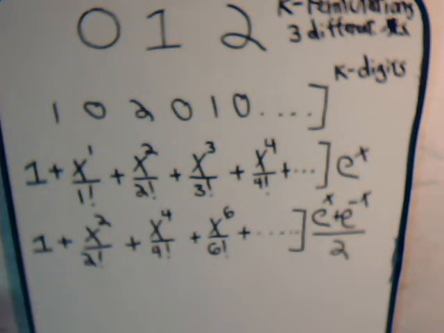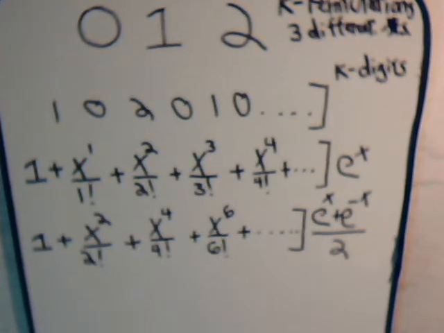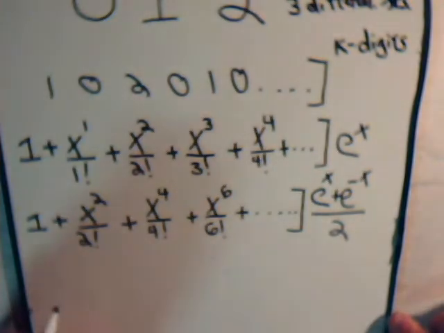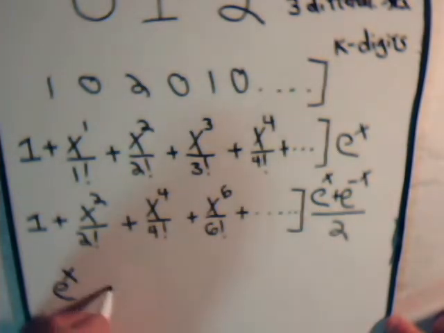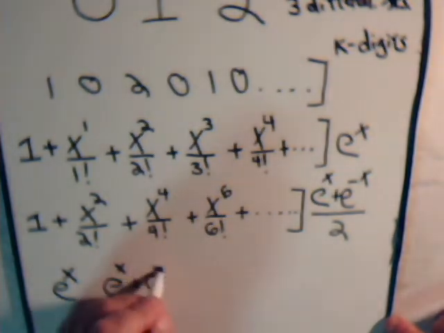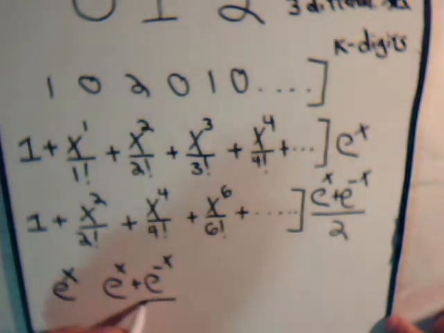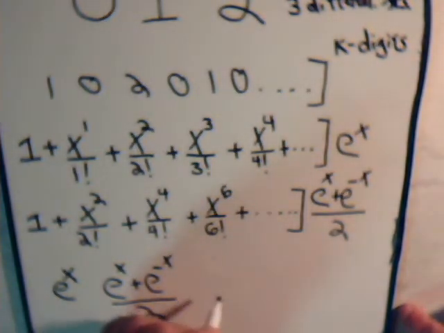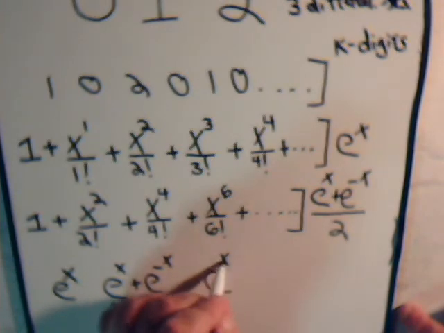Now what we do is we multiply all 3 of these generating functions together. So we're going to have e to the x times e to the x plus e to the minus x divided by 2 times this again.